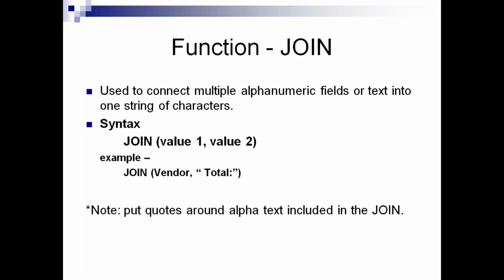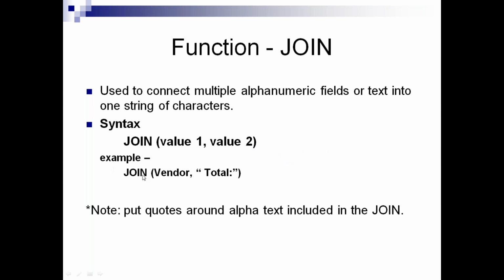All right, so here is the full example of a join. Join is where you're taking multiple fields or text and stringing them together. So the syntax is join, and then opening bracket or parenthesis, value 1, comma, value 2, comma, and so on. It can be multiple values.